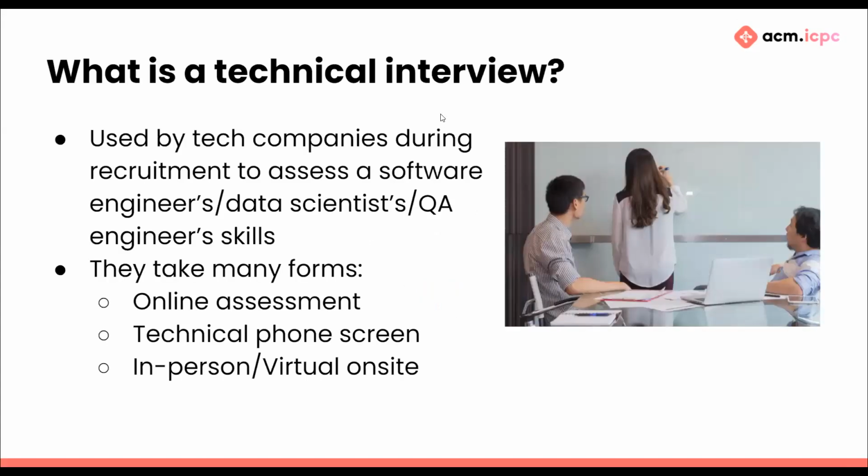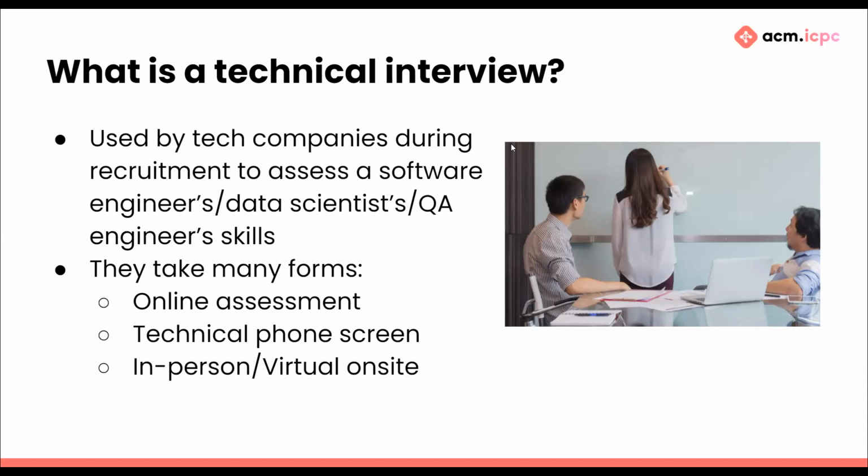So first we can talk about what a technical interview is. A technical interview is often an interview used by companies as an assessment of your skill when they're trying to recruit you for either an internship or some other full-time job.